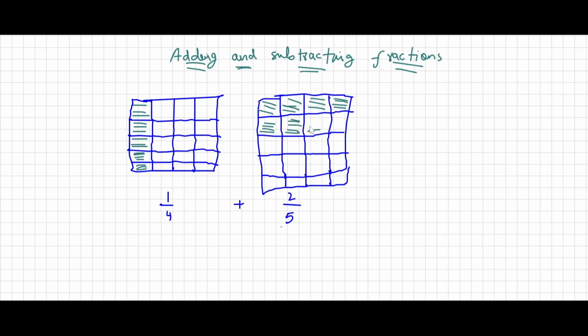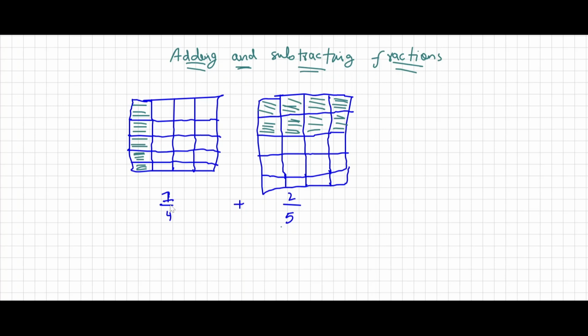Out of 5, we are covering just two parts, so it becomes 2 by 5. And in the vertical way we have first part, second part, third part and fourth part. We are covering the first part, so it becomes 1 by 4.